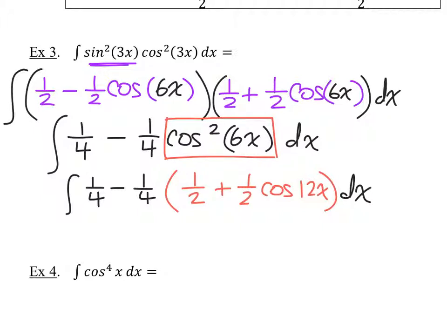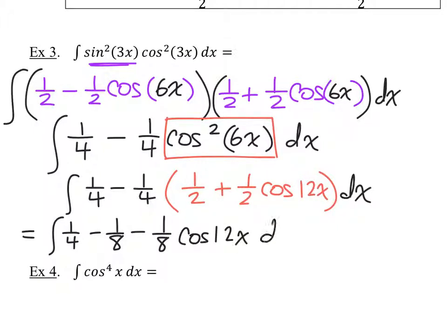So a little distributive property. I mean, you have to do some math, but the idea is that you can do the math now. It's doable. Before it wasn't. So we're going to have the antiderivative of 1/4 minus 1/8 minus 1/8 cosine 12x dx.